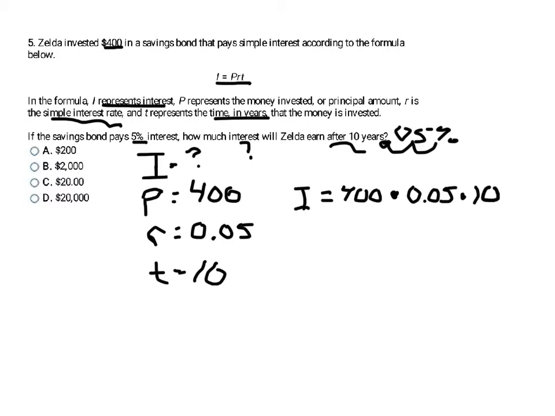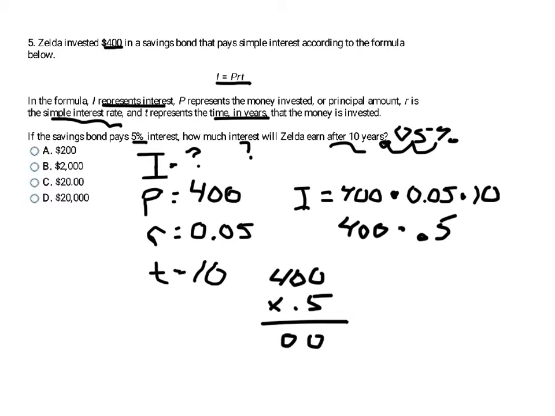So I'm going to take this 0.05 times 10 first, because I know anytime I just multiply by 10, it moves the decimal once. So it's going to be times 0.5 now. And then I'm going to have to go over here and do 400 times 0.5. 5 times 0 is 0, 5 times 0 is 0, and then 4 times 5 is 20.